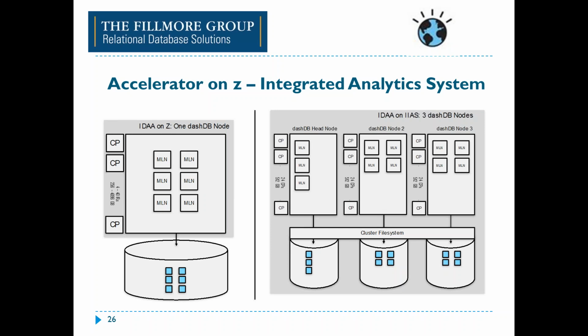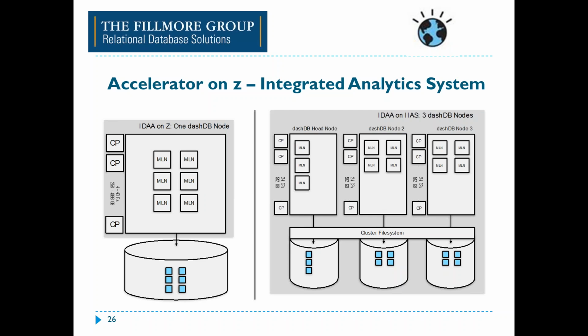The Accelerator on Z is exactly the same Docker image that you would get on IIAS, except that you run the Accelerator on Z in what is called a Secure Service Container, an SSC, and that runs on processors on System Z, which are called Integrated Facility for Linux, or IFLs.